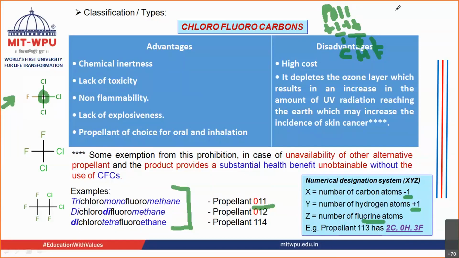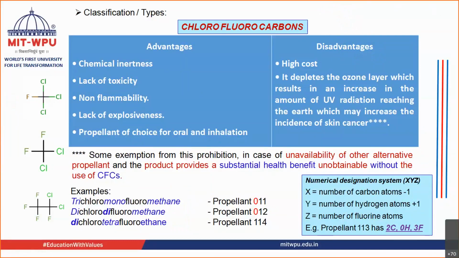Now they have some basic advantages and disadvantages. What are the advantages? These chlorofluorocarbons are very highly preferred propellants. That's why we have taken them at the beginning. What are the advantages? First and the major advantage, they are chemically inert. Second advantage, they lack toxicity.